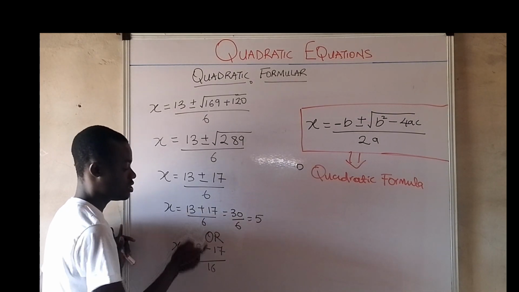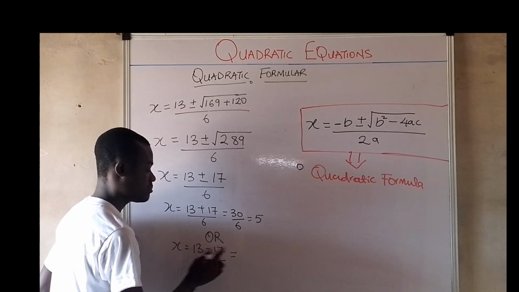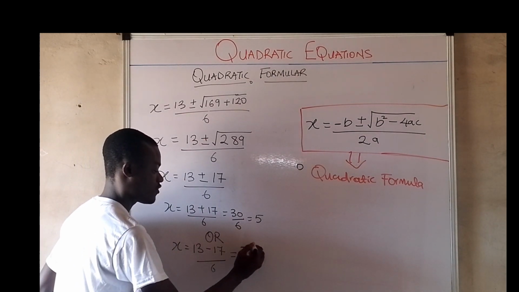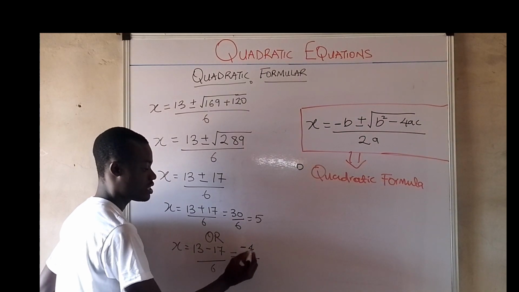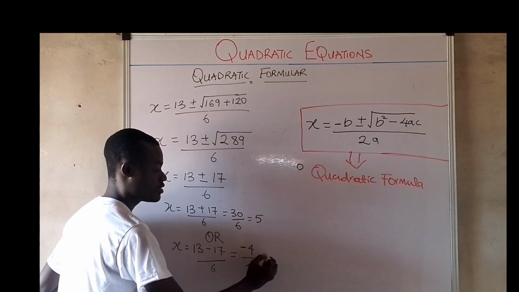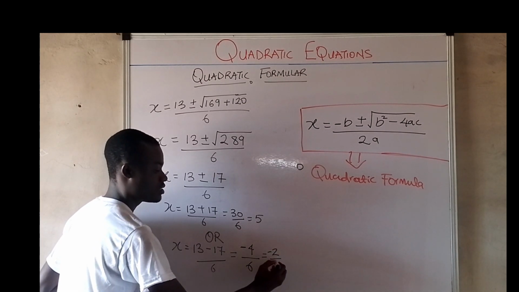So you take the plus, then you take the minus. 13 minus 17 gives us minus 4 over 6. When we simplify this fraction further, 4 divided by 2 gives us 2, so minus 2, and 6 divided by 2 gives us 3.